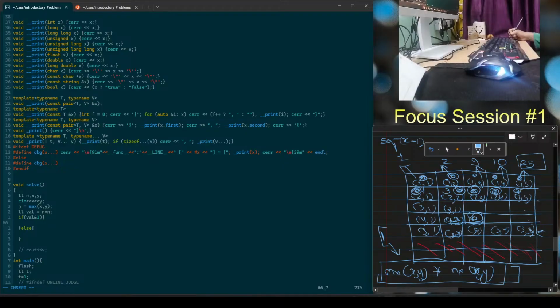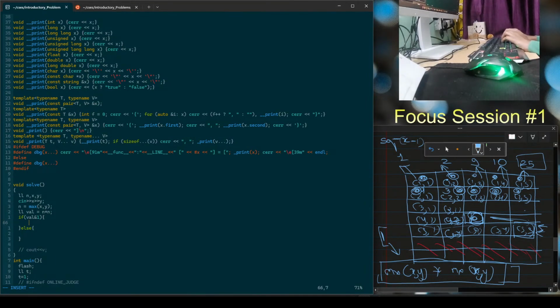If y was greater than x, like in this case, it is 4 comma 3, which means x is greater than y. Then I need to subtract the value from the square, which is 25. 25 minus this 5 comma 5, which means I will first subtract and come here. Then I will subtract the value, that is x minus 1.